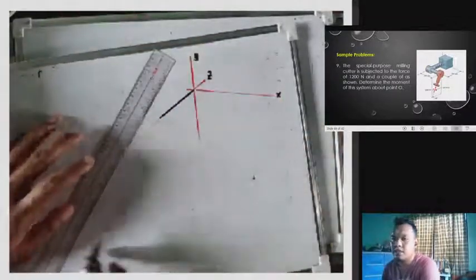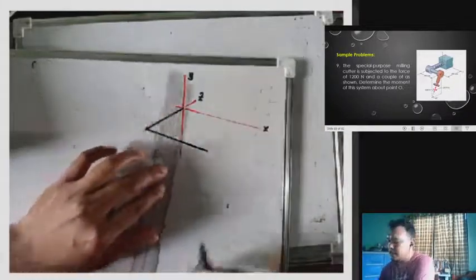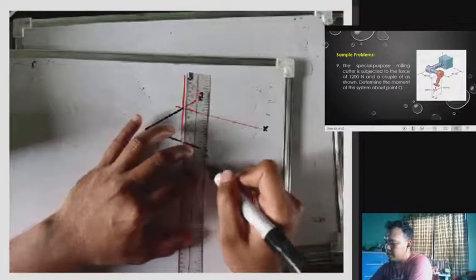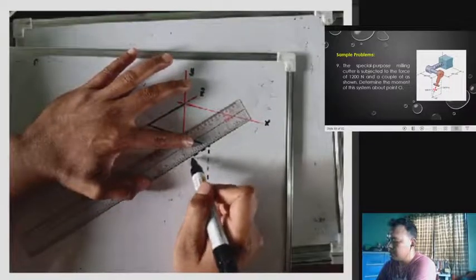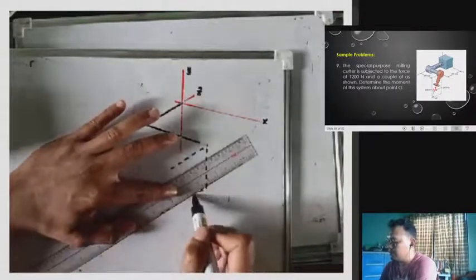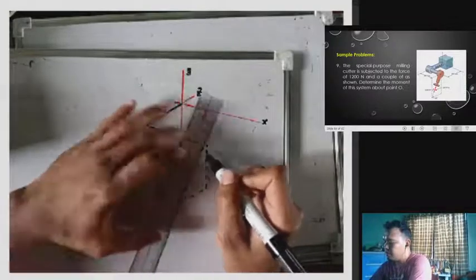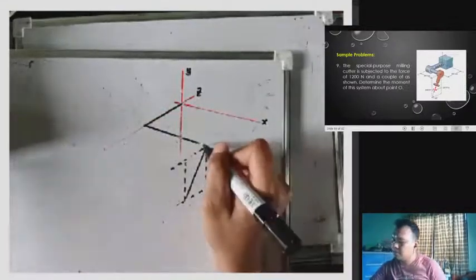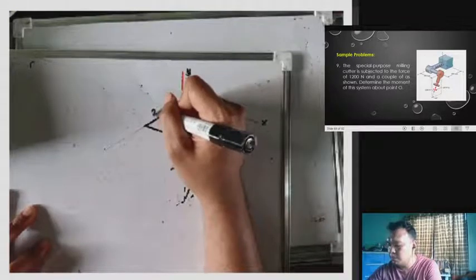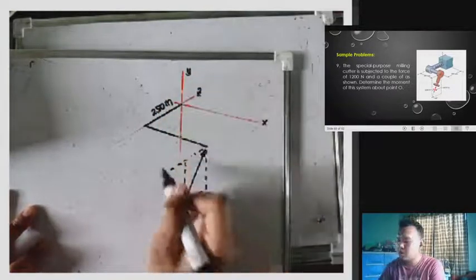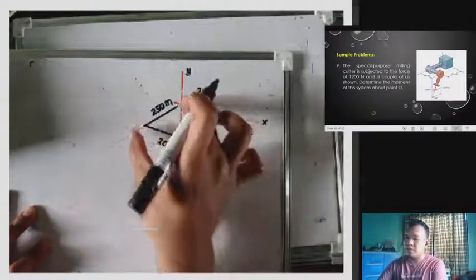So we have here this one, this one, and so we have here this distance which is 250 mm and this one which is 200 mm. Isipin nyo na lang na mas mahaba ito kumpara dito.